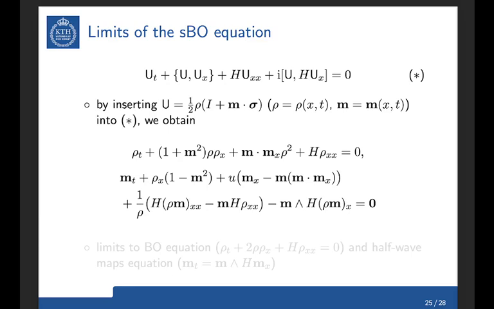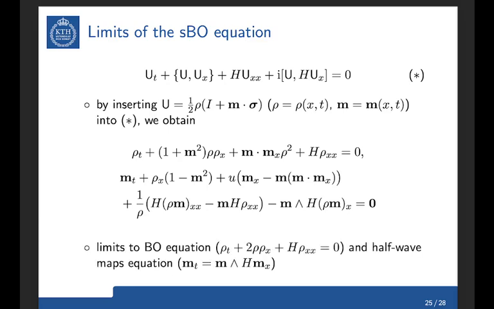But this is very interesting because we can take limits of this fairly complicated system and recover both the Benjamin-Ono equation and the half-wave maps equation. I mentioned this at the beginning of the talk. This is a non-local variant of the Heisenberg ferromagnet equation. So one way of thinking about this spin Benjamin-Ono equation is as an integrability-preserving hybrid of the Benjamin-Ono and half-wave maps equations.